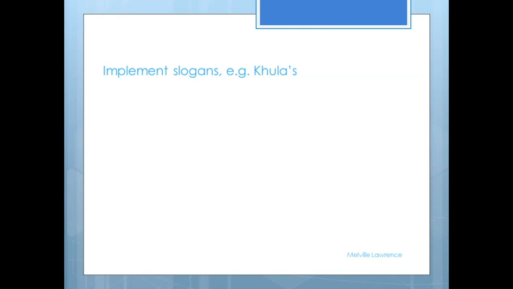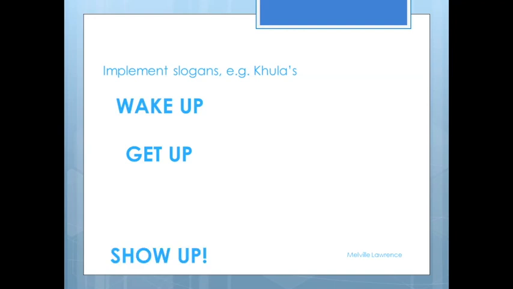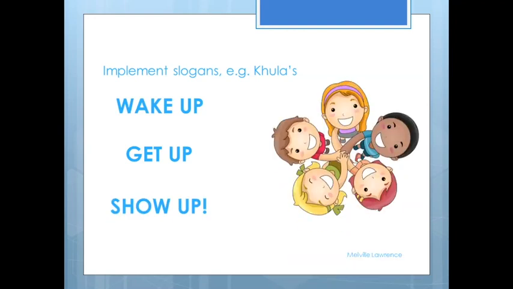So Kula developed the following slogan: wake up, get up, and show up. And that is what it is. So we repeat that. Kula also came to the school, and we had a little theater performance with this theme of wake up, get up, and show up.